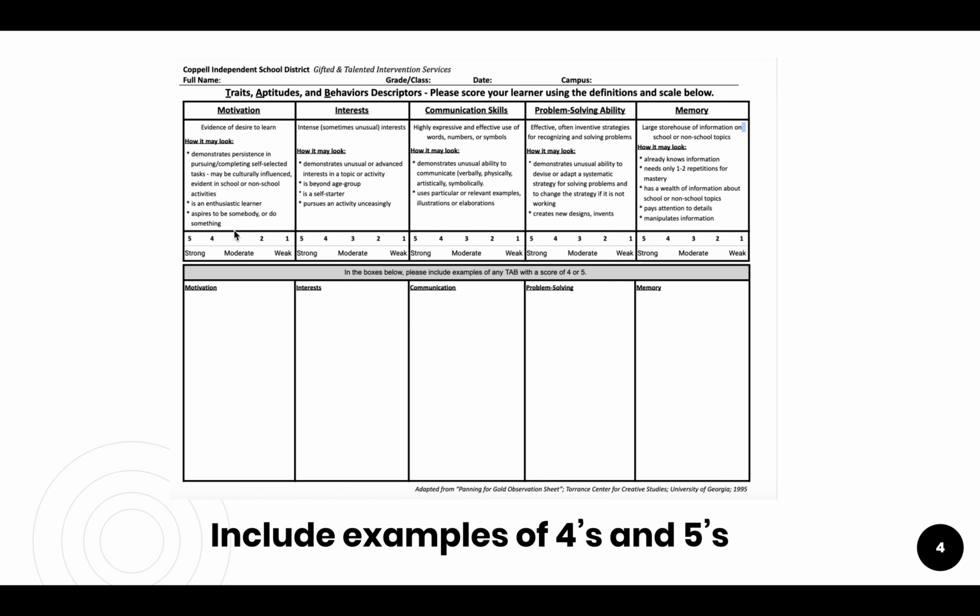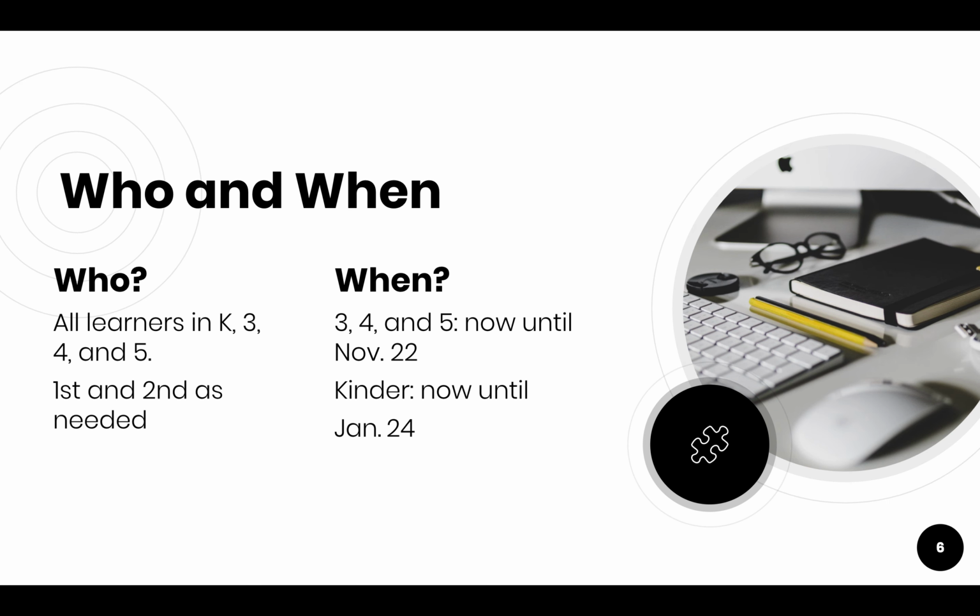Or is Jennifer quite a bit stronger in the area of motivation in the classroom when compared to other kids of the same age? So you're looking at the comparison of the learner that you're assessing to other learners in the class of the same age.